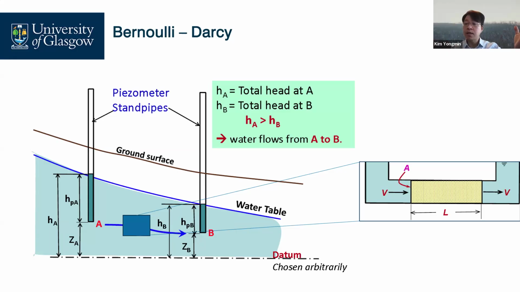Why? Because of the difference in head. So water flows this way. And then we can take a close look at this water channel. Darcy's law tells us how fast water flows in soil.